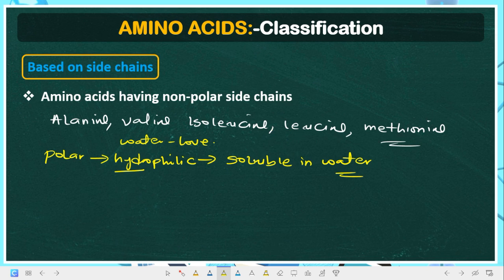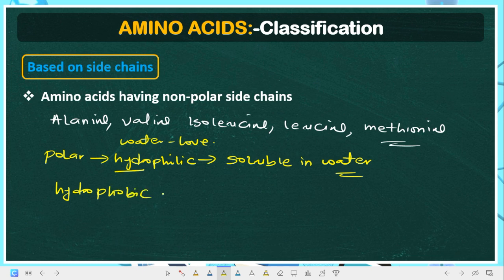So all polar amino acids are soluble in water. An example is alanine, valine, isoleucine, lysine, methionine, histidine, etc. All those ones, they are amino acids having non-polar side chains. They are hydrophobic.